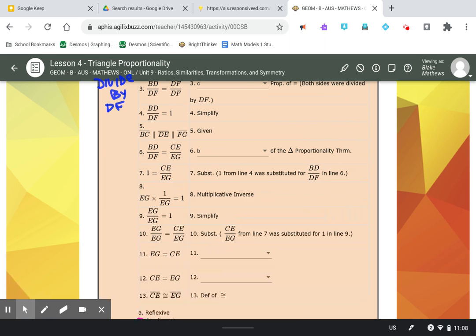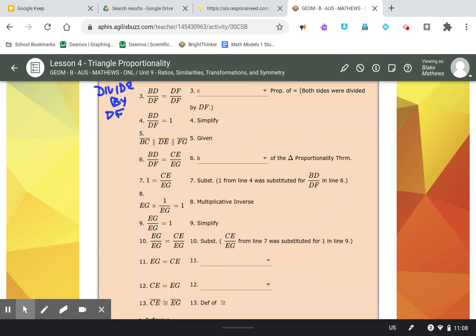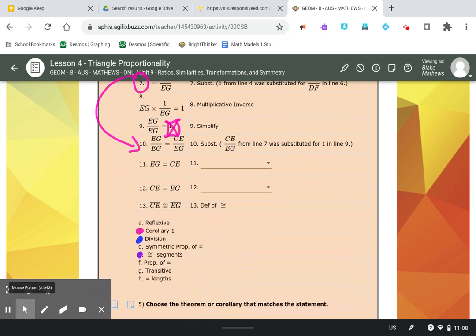Then we multiply both sides times EG. We do the inverse, and then EG over EG equals 1. Then we're substituting from line 7 right here. We're taking this 1 and substituting it for CE over EG. We multiply both sides times EG.